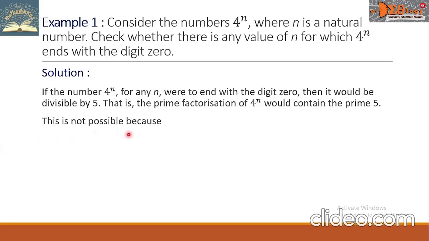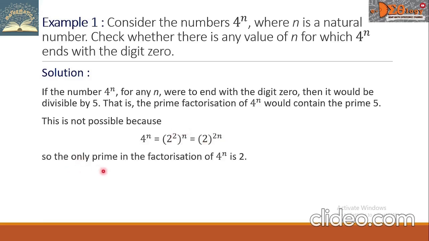This is not possible because this 4 raised to n we can express as 2 square that is raised to power n. Then we multiply the power 2 by the n. We have now 2 raised to 2n. So the only prime in the factorization of 4 raised to n is 2.